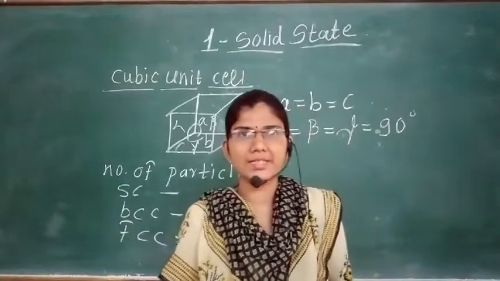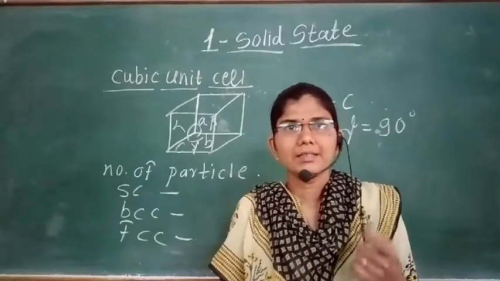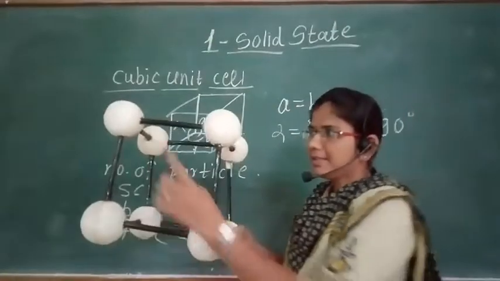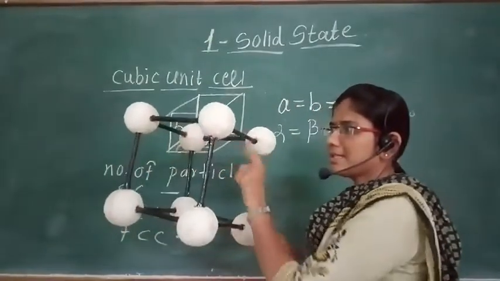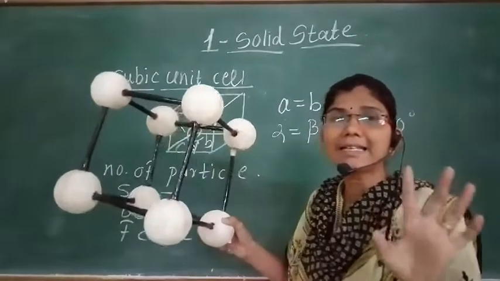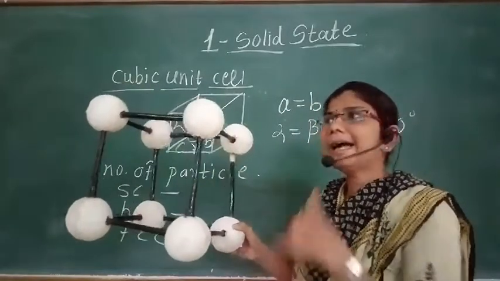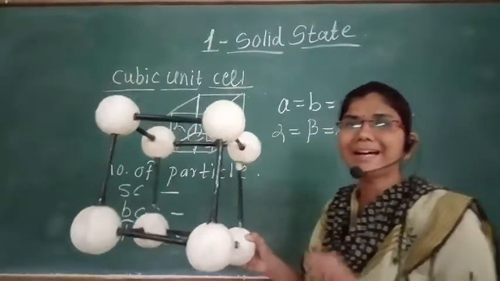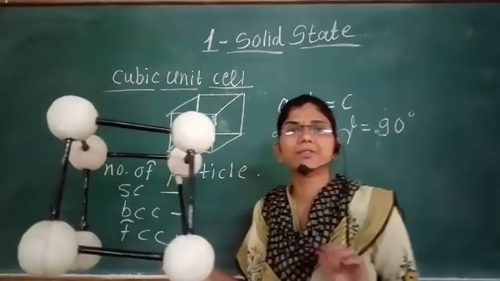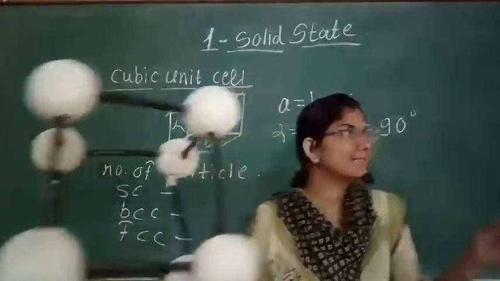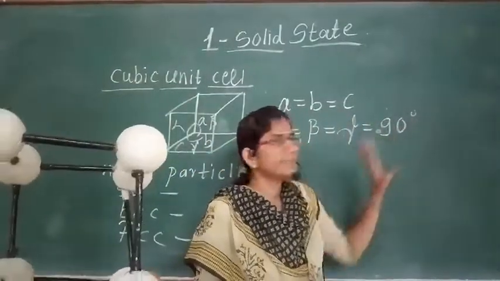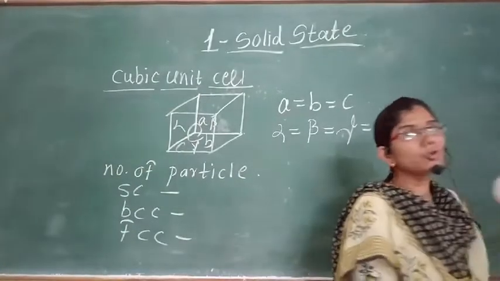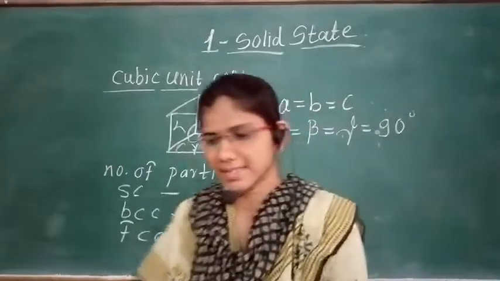For this cubic unit cell, all 3 edge lengths a, b and c are equal, and the angles between them, alpha, beta and gamma, are equal, that means equal to 90 degrees. So in this topic we have to study only the cubic unit cell.